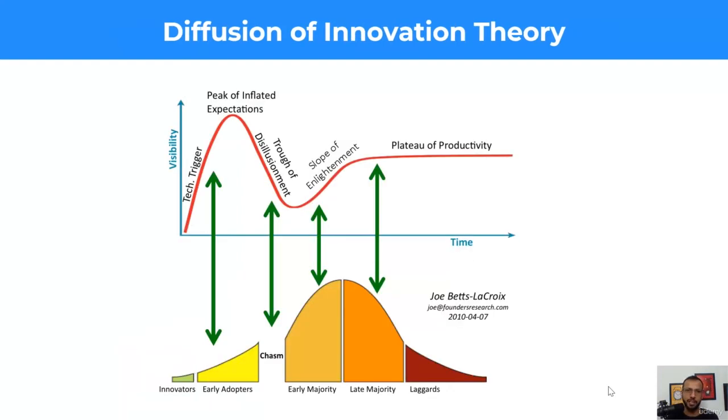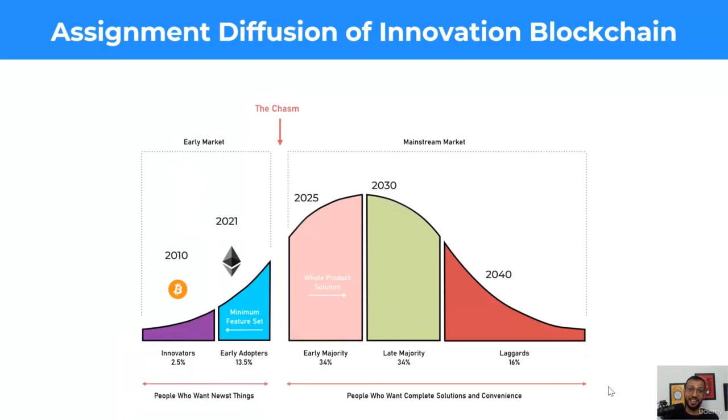So now the best part of the video, the assignment. You have to do some research on the internet about the product adoption or the technology adoption of blockchain or so-called crypto. So you have to understand the generation 1 of blockchain, which is your Bitcoin, the generation 2 of blockchain, which is your Ethereum, and currently we are in the generation 3 of blockchain.